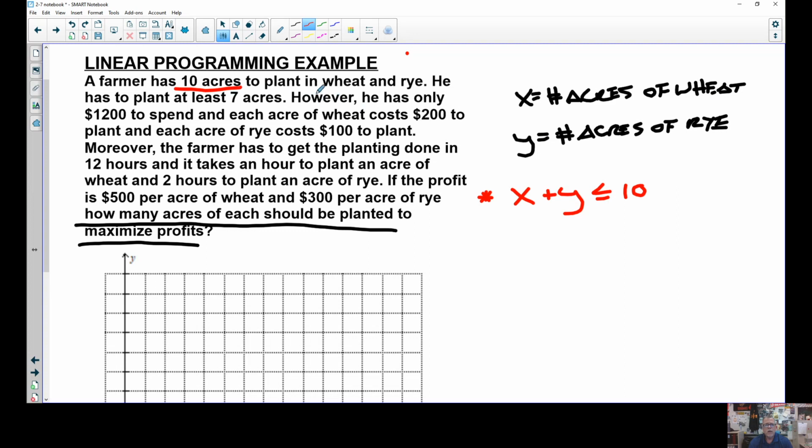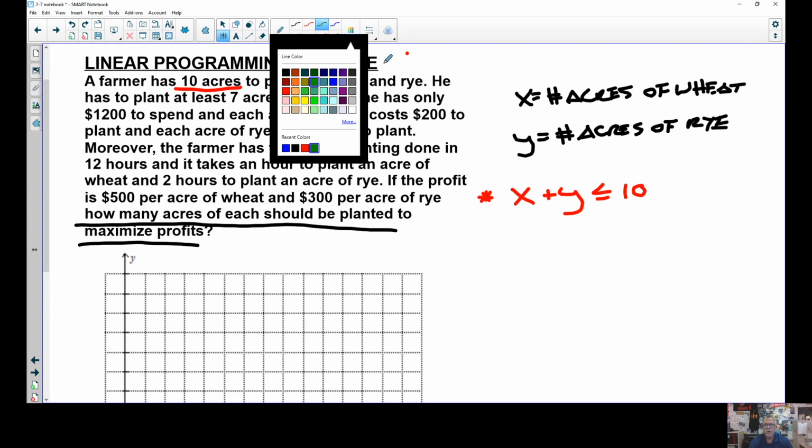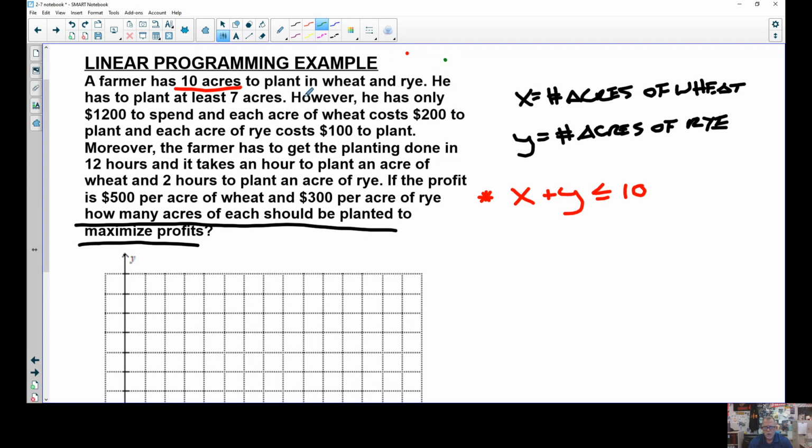Now, again, I'm going to look through this and keep going. I'm going to change colors. All right, he has to plant at least 7 acres. Well, that's another limit. It's a lower limit on the same thing. So you could write a second inequality here that says X plus Y has to be greater than or equal to 7.